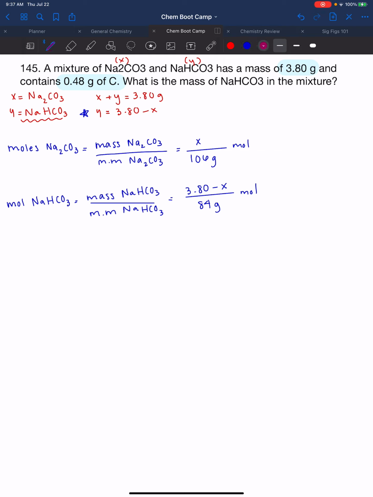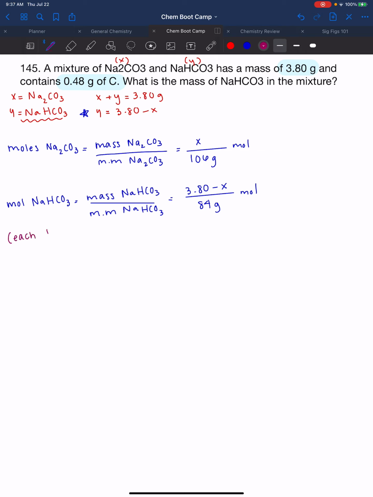Another thing that's worth mentioning, and this is how you're going to want to approach this situation, is we know that sodium carbonate has one carbon atom, 1 mole of carbon, and sodium hydrocarbonate has 1 mole of carbon. So each has 1 mole of carbon. I'm going to write that down.